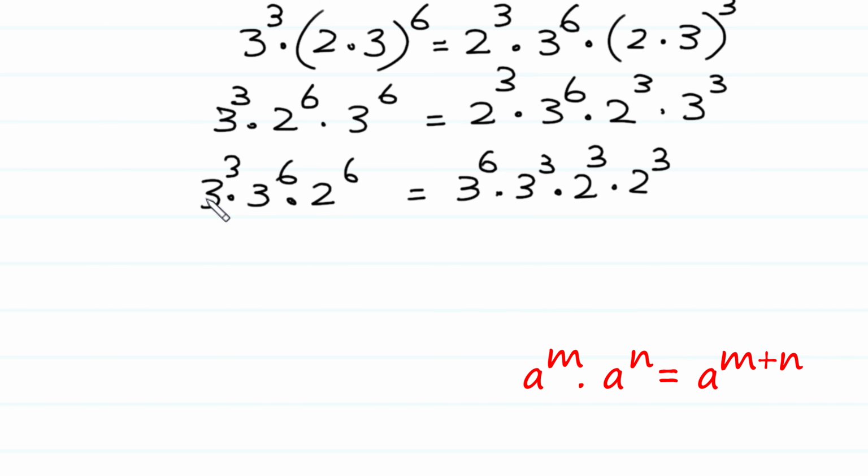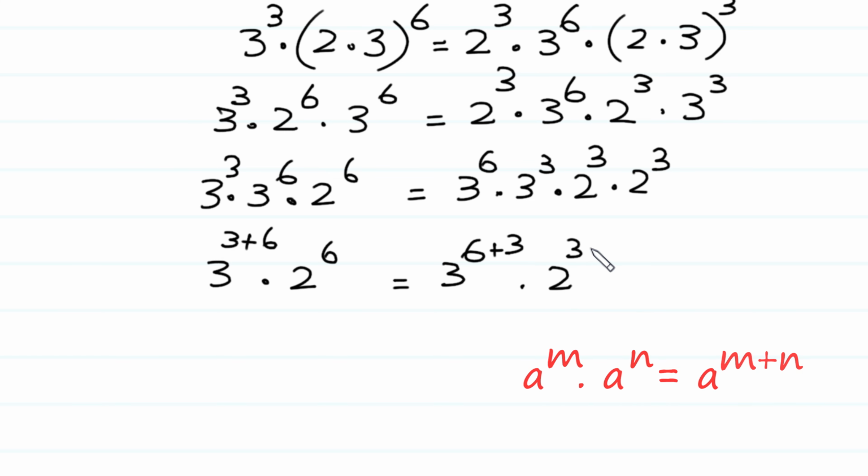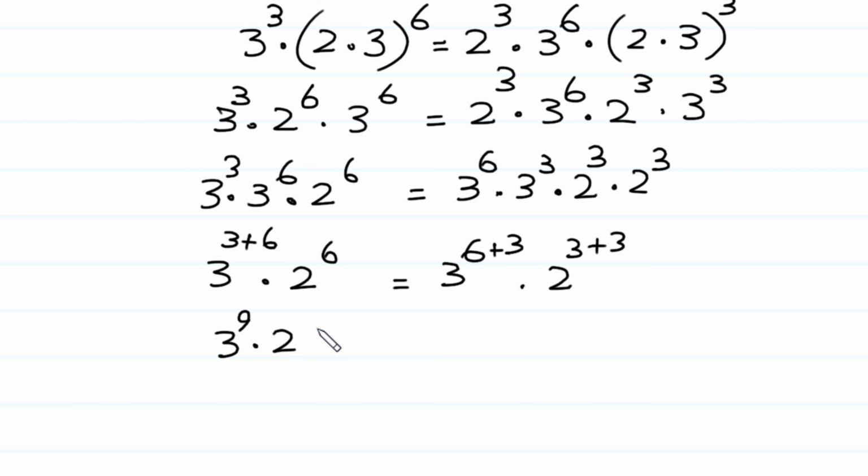We can write this 3 to the power 3 times 3 to the power 6 as 3 to the power 3 plus 6 times 2 to the power 6 is equal to 3 to the power 6 plus 3 times 2 to the power 3 plus 3. 3 to the power 9 times 2 to the power 6 is equal to 3 to the power 9 times 2 to the power 6.